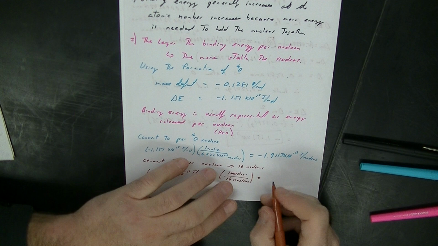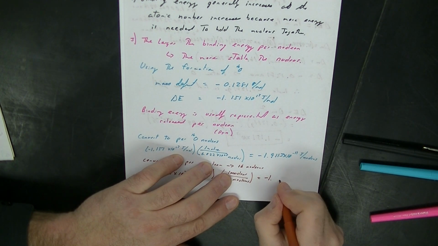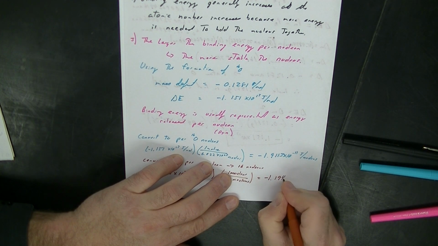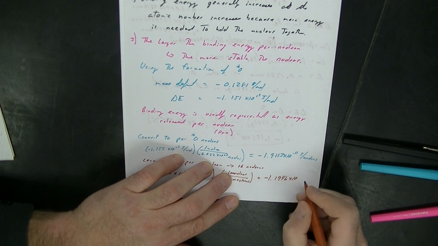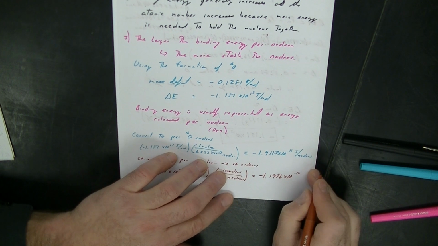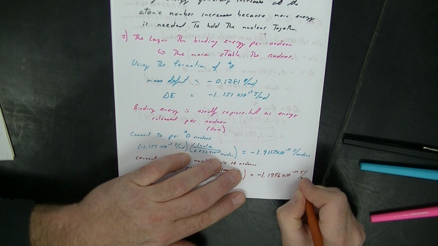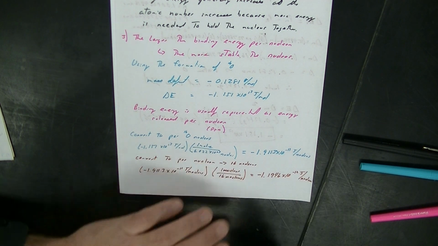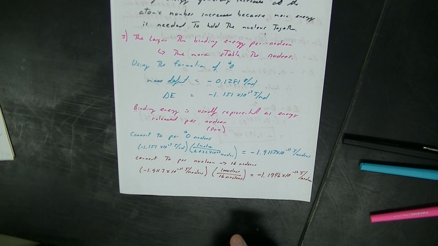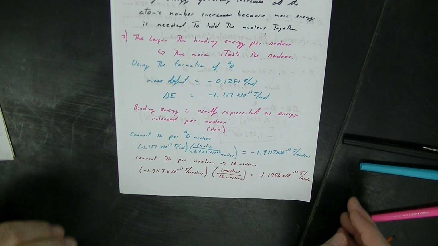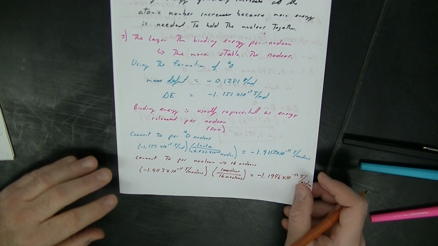So when we do that math, we get negative 1.1946 times 10 to the minus 12th joules per nucleon. All right.